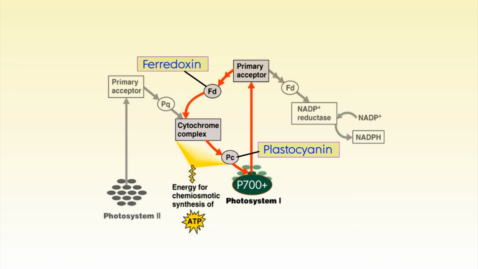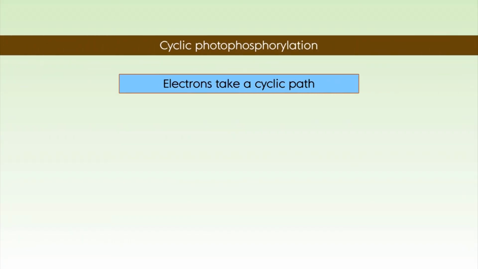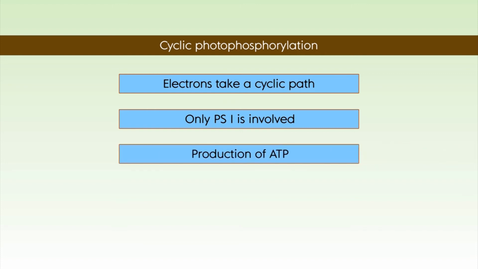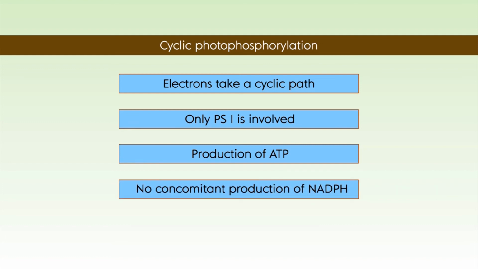So, as mentioned before, the net outcome of this cyclic flow of electrons is the pumping of protons by the cytochrome b6f complex. So, in cyclic photophosphorylation, the electrons take a cyclic path involving only photosystem 1. Photosystem 2 is not involved. There is production of ATP and no concomitant production of NADPH.